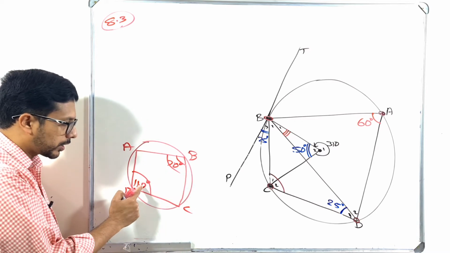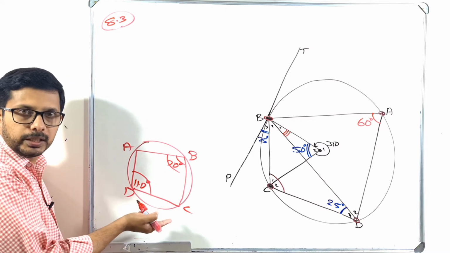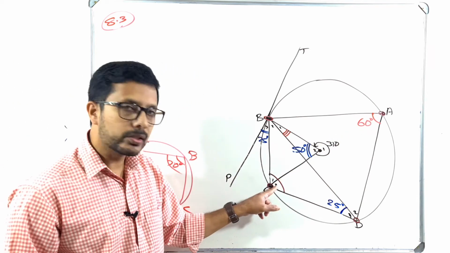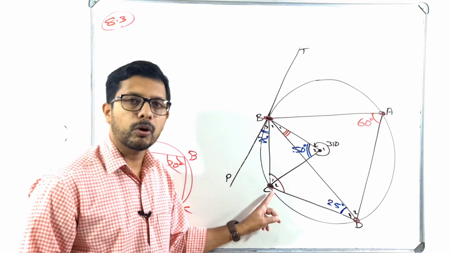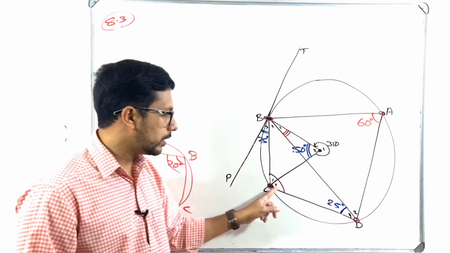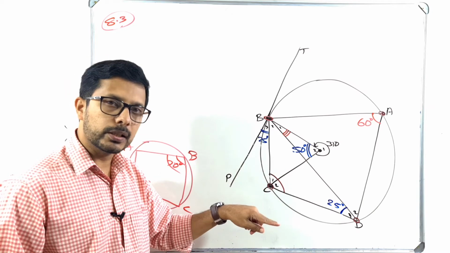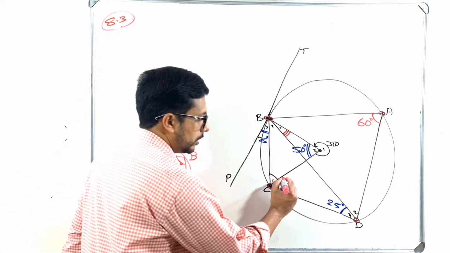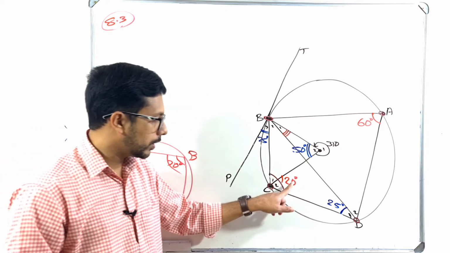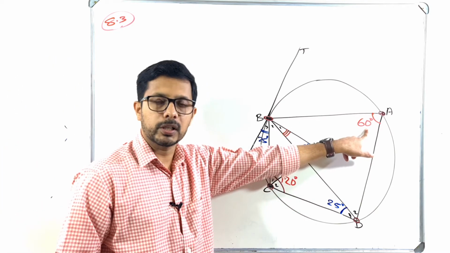So 70 plus 110 is 180. Similarly here, angle A and angle C are supplementary because they are opposite angles of a cyclic quadrilateral. So if this one is 60, what is this one? 180 minus 60 is 120 degrees. Now look at this one: 120 plus 60 is 180.